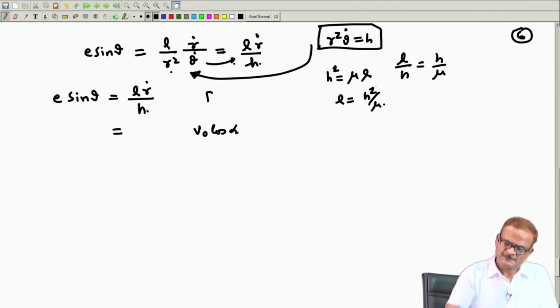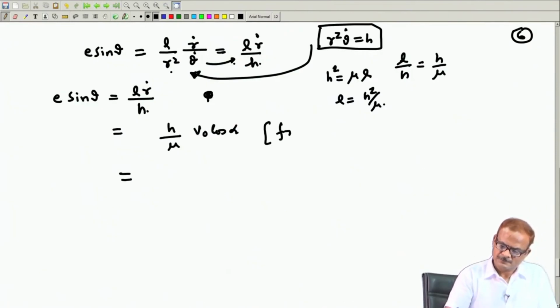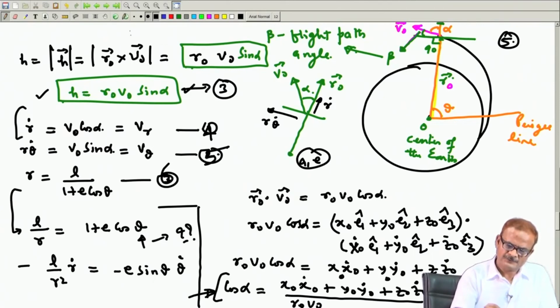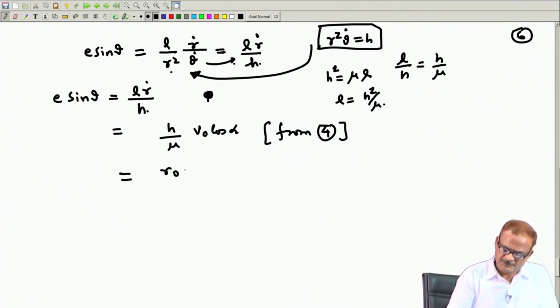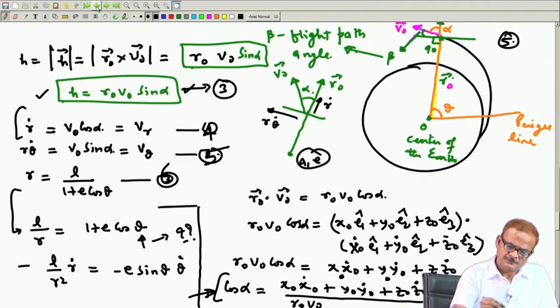And we get this using equation 4, and h is also known to us, written in equation 3 as r 0 v 0 sin alpha. So, r 0 v 0 sin alpha times v 0 cos alpha divided by mu. This is from 3.